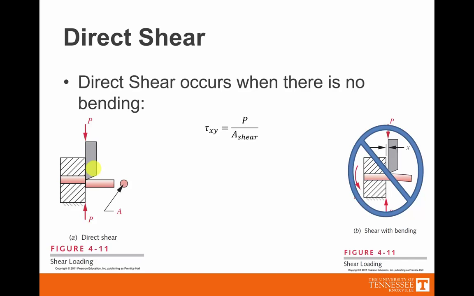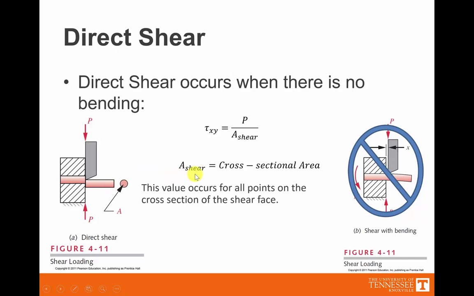So this formula is almost identical to the previous one, except instead of a normal stress, we're producing a shear stress. The area of shear is the cross-sectional area of where the shear is occurring. Notice that's only going to be happening at this very small spot where the shear is trying to happen. There's no shear going on out here anywhere else. But it does occur equally for all points on that cross-sectional shear face.